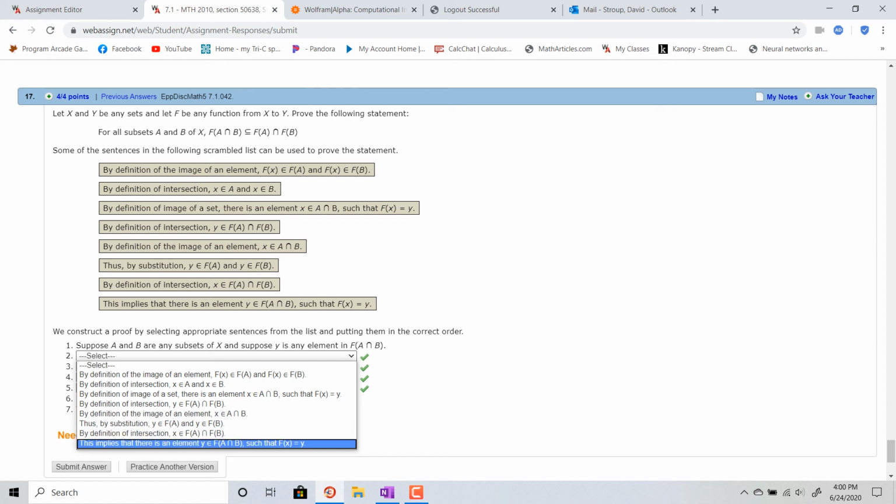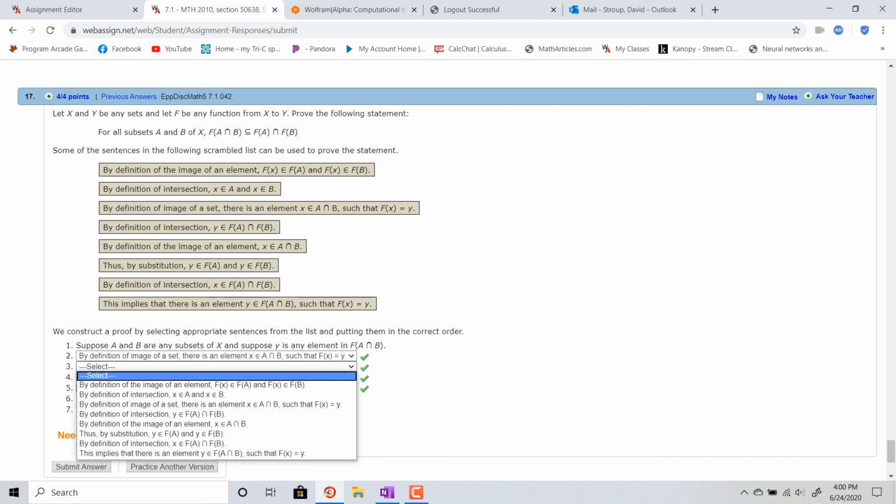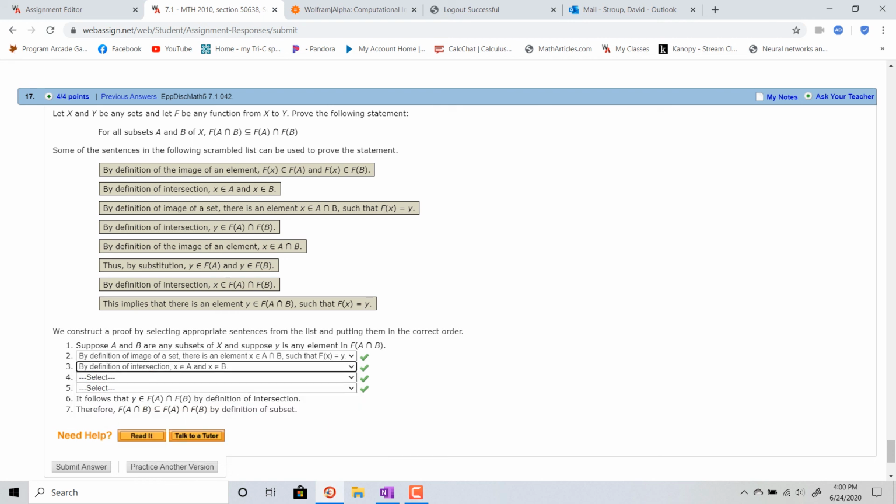And then x is in A by definition of intersection: x is in A and x is in B.